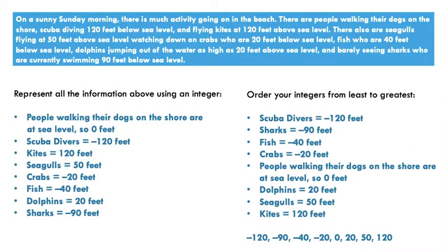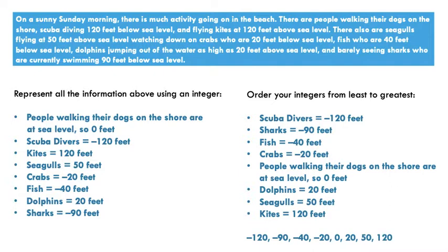So next we have a prompt, and it says, on a sunny Sunday morning, there's much activity going on at the beach. There are people walking their dogs on the shore, scuba diving 120 feet below sea level, and flying kites at 120 feet above sea level.